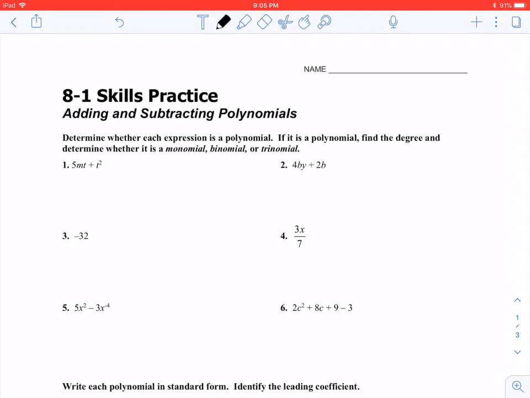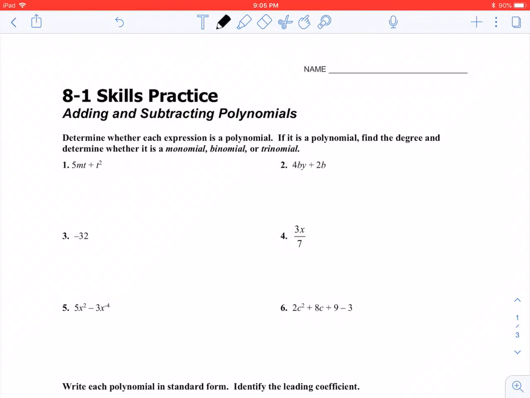So let's get started. Today I am going to go over the Chapter 8, Section 1, Skills Practice Worksheet, 1 through 14. These questions wanted you to determine whether each expression is a polynomial. If it is a polynomial, find the degree and then determine whether it is a monomial, binomial, or trinomial.